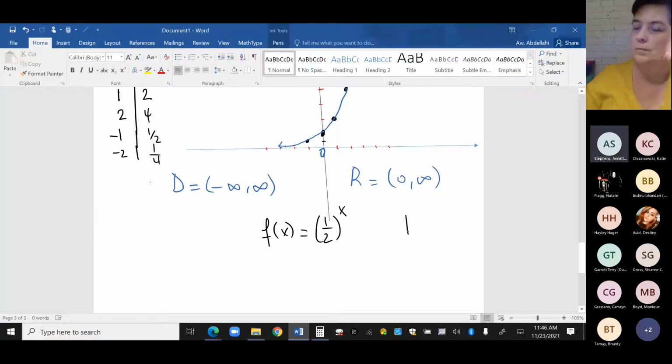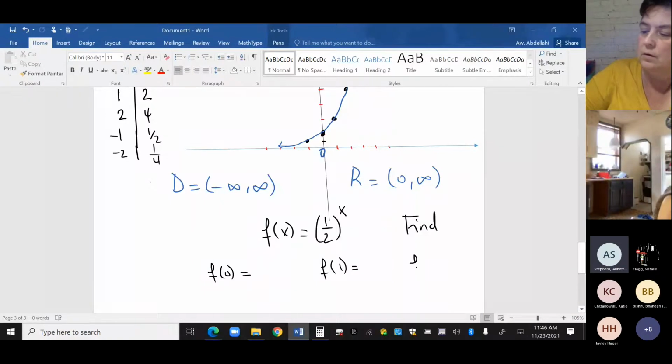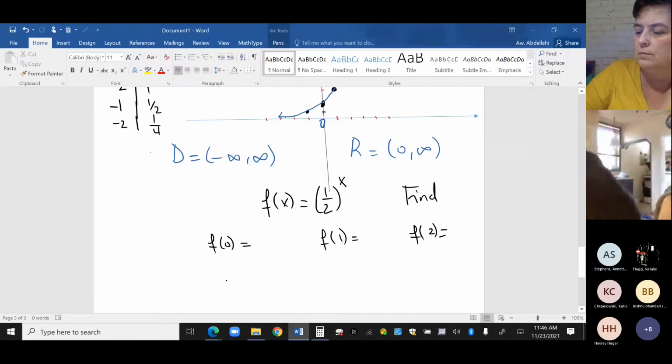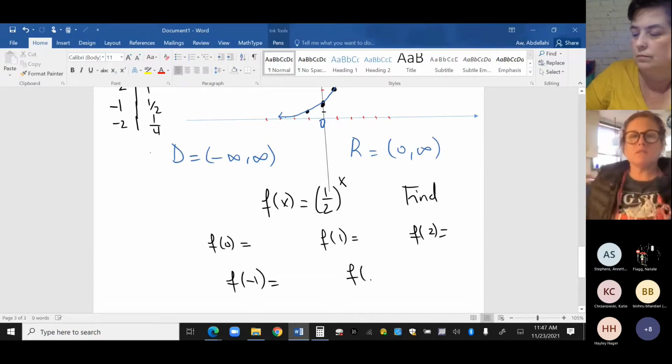Find f of 0, f of 1, f of 2, f of -1, and f of -2. Go ahead, please, everybody.